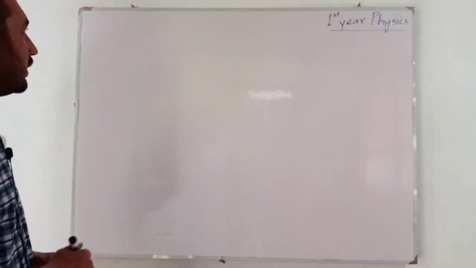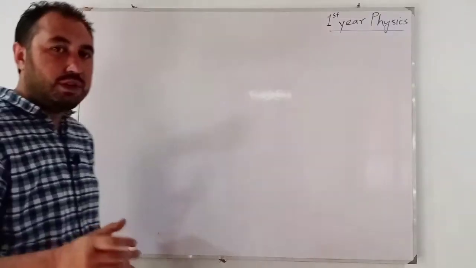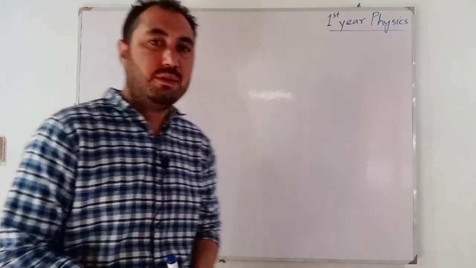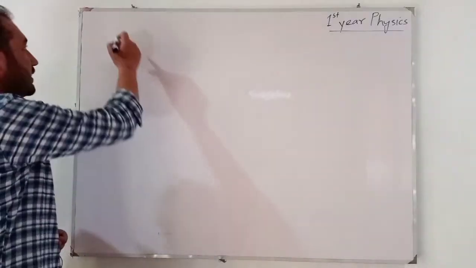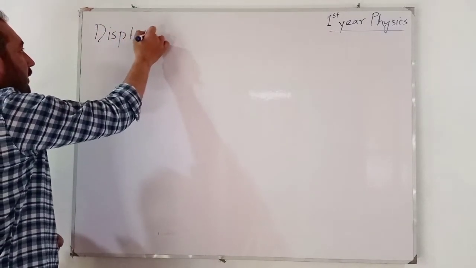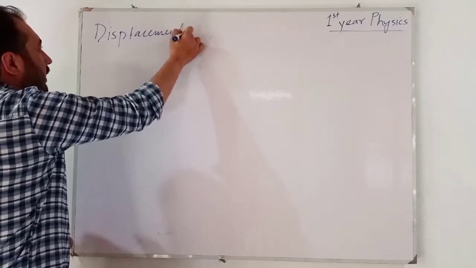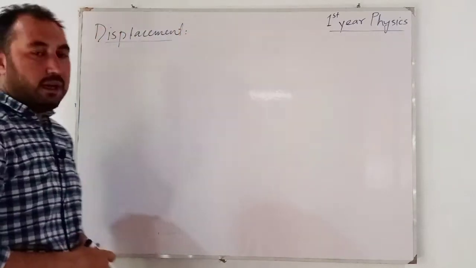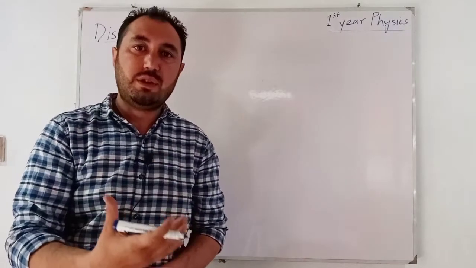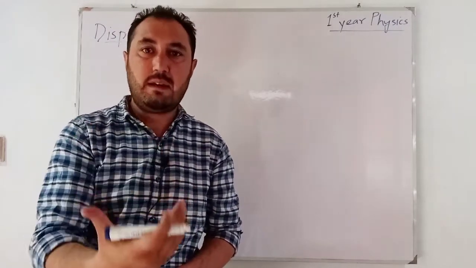Now, in order to understand motion and the different parameters associated with it, let us start our discussion from displacement. Normally, if an object is in motion, it is going to cover some kind of length, right?